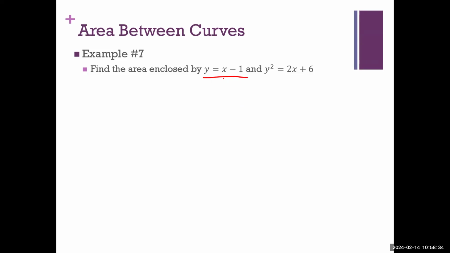If I take any value of x and subtract 1 from it, is there a possibility I get more than one answer? No. So that's a function of x. I could also rearrange it and get it to be a function of y. So straight lines in most cases are functions of x and functions of y.